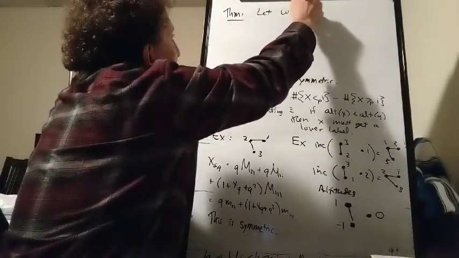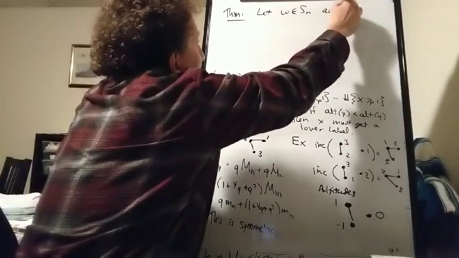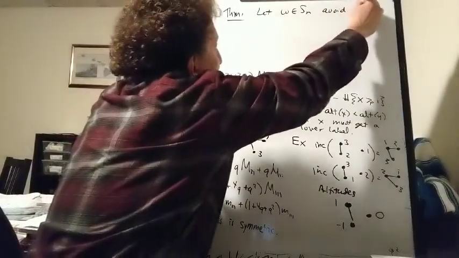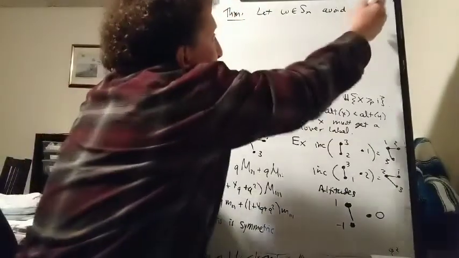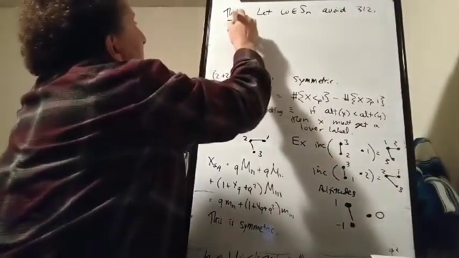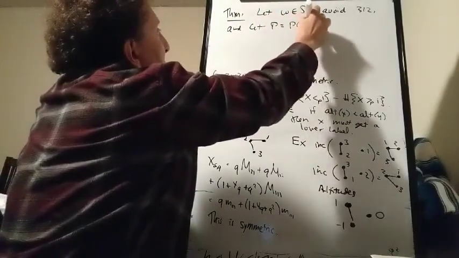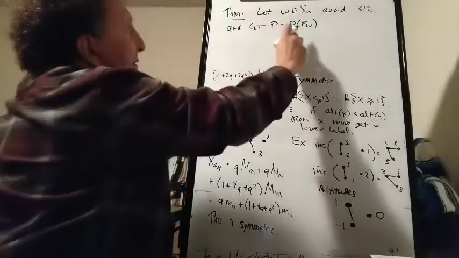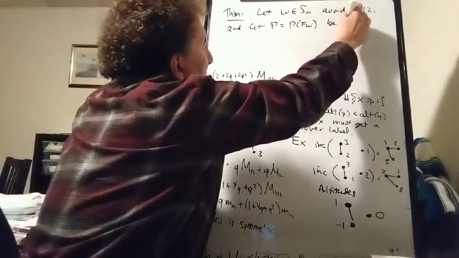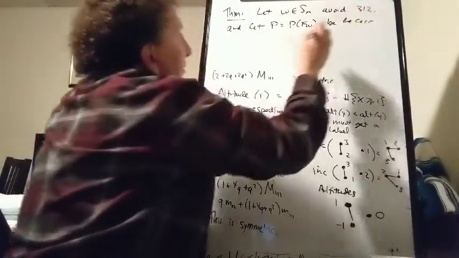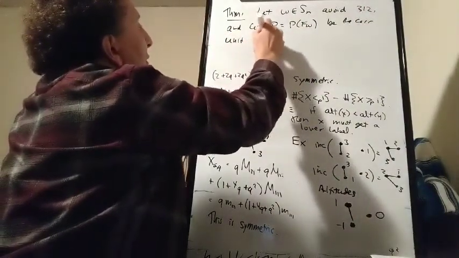So let's say we have w in the symmetric group avoiding 3, 1, 2. And let's let P be the path poset of the descending star network FW. Let's let this be the corresponding unit interval order.